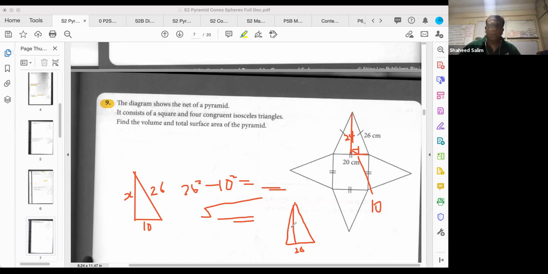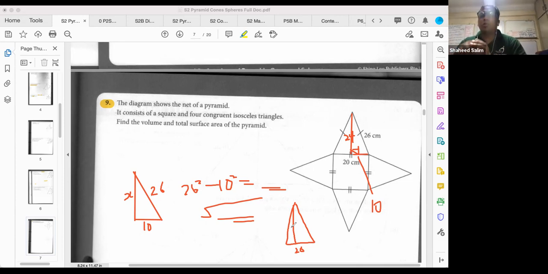Yeah, well done. So now you got to find one more. You want the total surface area. You found the 4 triangles. Can you find now the missing one, which is the square? Well done. Do you understand or not?